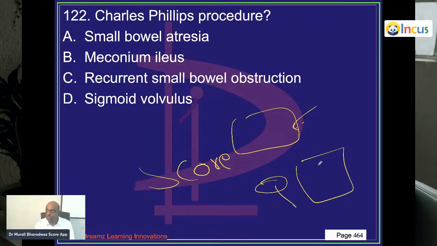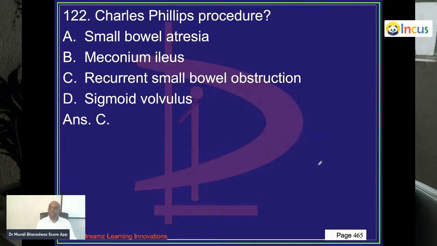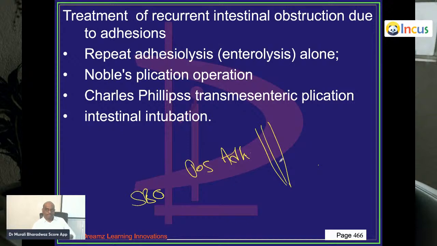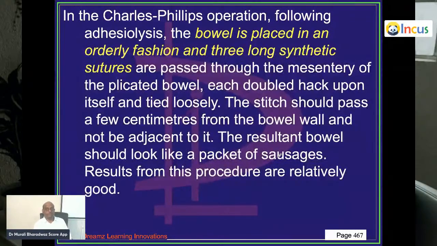Dr. Charles Phillips procedure is done for recurrent small bowel obstruction. What is a very common cause of small bowel obstruction, doctor? Post-operative adhesions. Suppose earlier a surgeon has done a laparotomy. Post-operatively, there will be a lot of adhesions that lead to development of intestinal obstruction repeatedly.